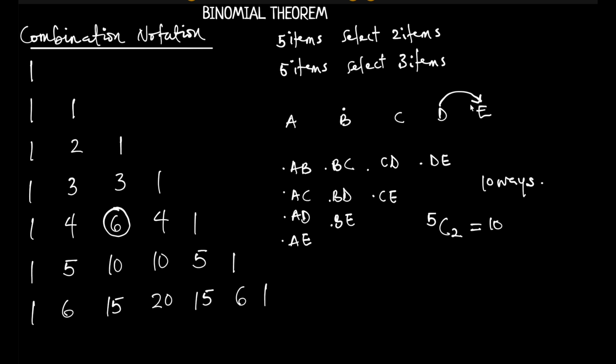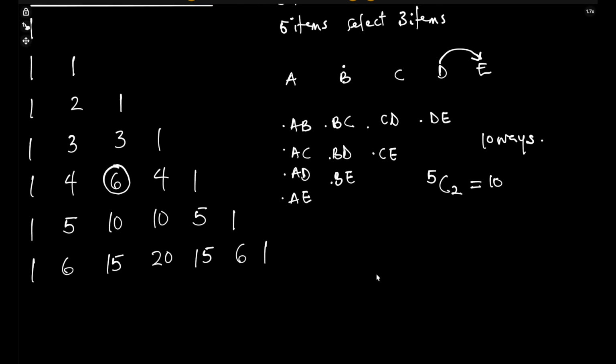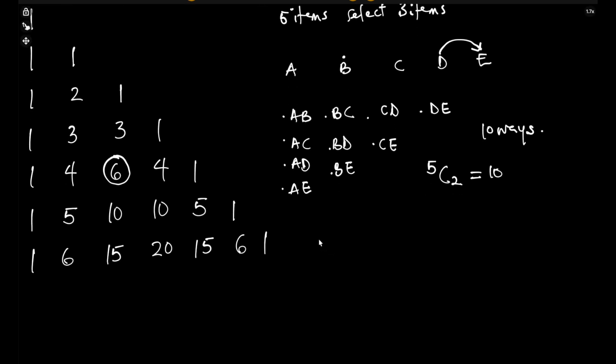Remember I said earlier on that if you have 5 items and you're selecting 2 items, it is the same as having the same 5 items and selecting 3. So let's use the same letters to explain that: A, B, C, D, and E. Because we are picking 3, not 2, I'm going to start off with 2 letters.